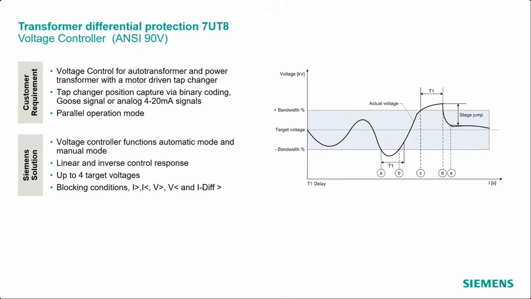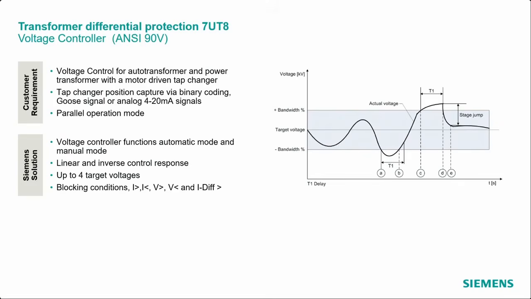We have the voltage controller functionality for automatic and manual mode. We have the linear and inverse control response, especially here in Europe. We also have the possibility for a dynamic voltage control.